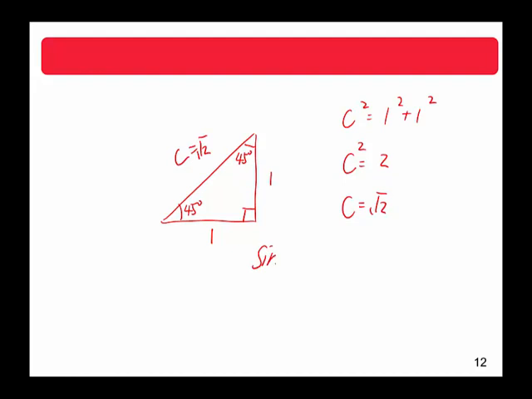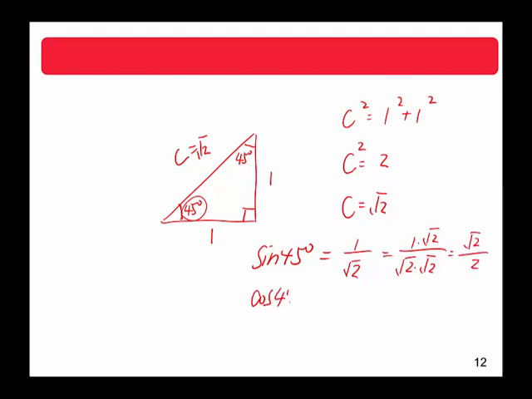Now sine 45 degrees, let's say this is angle theta right here, is 1 over radical 2. If you rationalize the denominator, multiply radical 2 on both top and bottom, so it's radical 2 over 2.